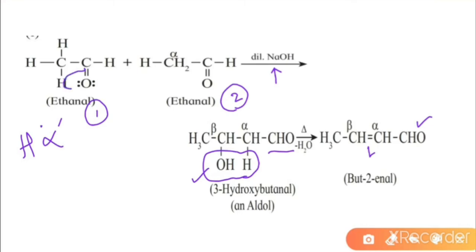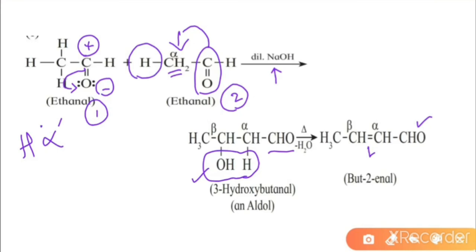In the first aldehyde molecule, migration of pi bonded electron towards oxygen, negative charge is developed on oxygen, and the carbon is positive. The carbon atom which is next to the carbonyl group is called alpha carbon and contains alpha hydrogen atom. By breaking this bond, carbanion is obtained, aldehyde carbanion, and H plus ion is separated.